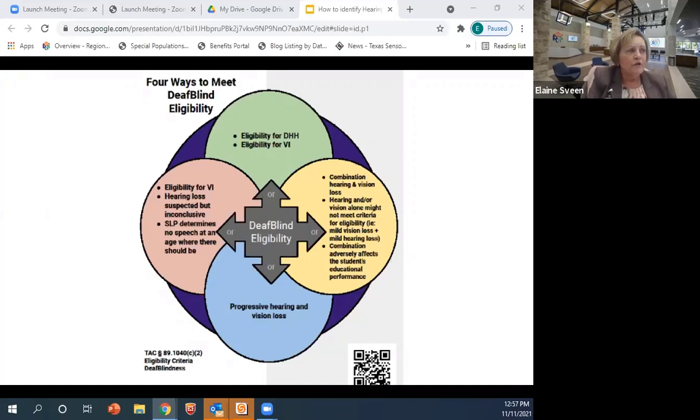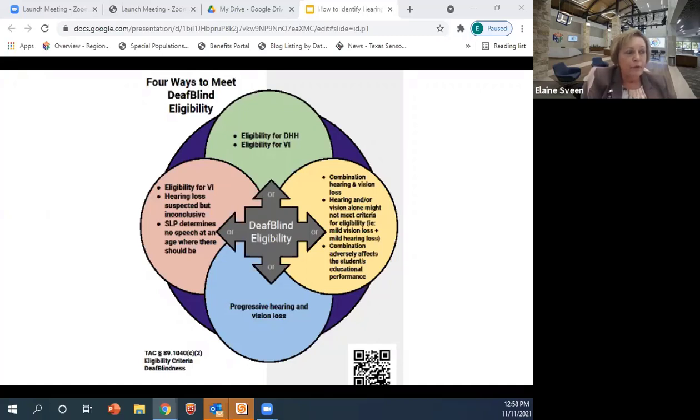You can also be eligible in the pink, eligible for visual impairment and have a hearing loss that's suspected but inconclusive. But the key thing here is if you have a speech delay or no speech, then that is a way to identify a child as deafblind.